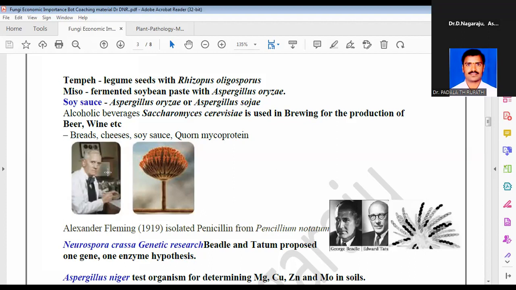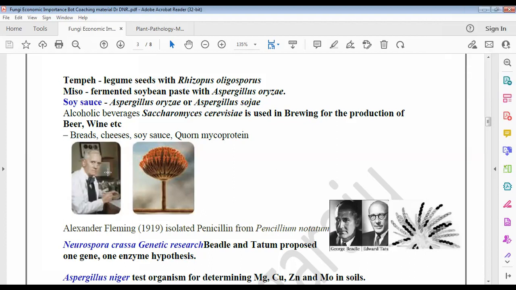So he got scared, he felt his total research was spoiled. But he got that thought, eureka, a spontaneous thought: why is only this one type of fungus totally occupying the culture media and not other bacteria and fungi? So he tried to test it upon the bacteria and fungi.